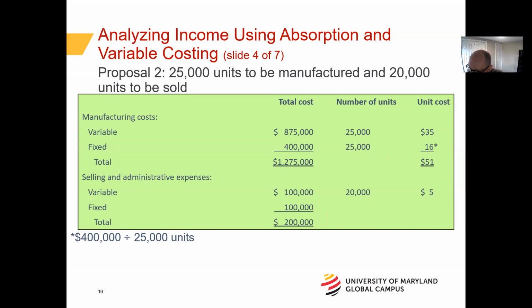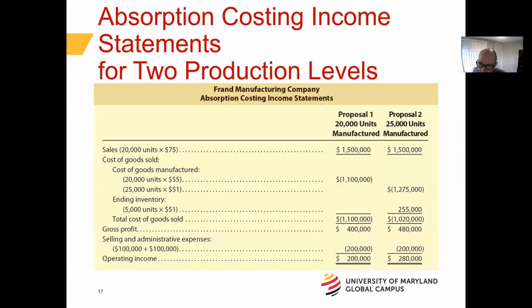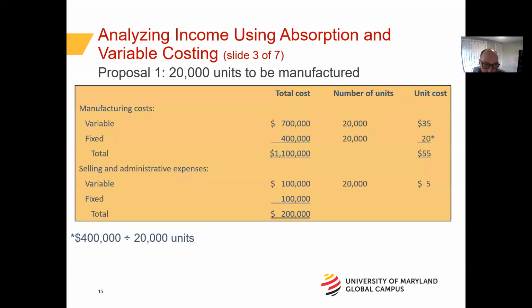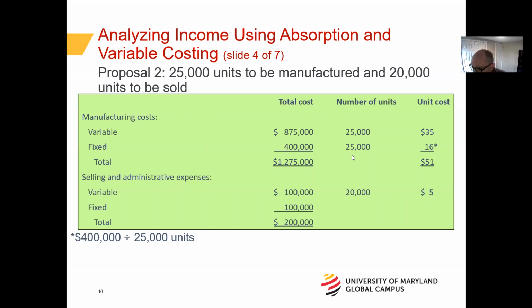That's how we got to $16 per unit in this case. If we look back before, it was $20 per unit. So that's a big key difference to take into consideration as we look at absorption costing in comparison to variable costing.